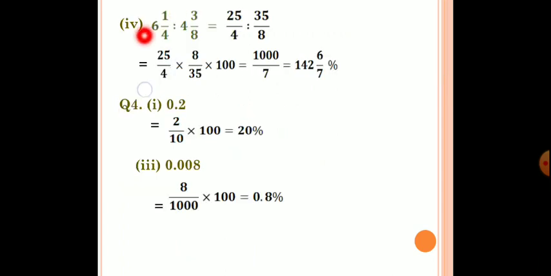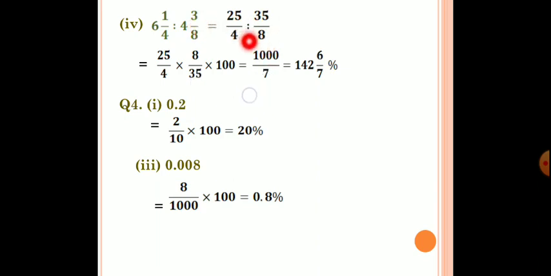Question number 3, 4. 6 1 by 4 is to 4 3 by 8. So let us first convert this mixed fraction into improper fraction, that is 6 4s are 24 plus 1, 25 by 4, and 4 3 by 8, 8 4s are 32 plus 3, that is 35 by 8.